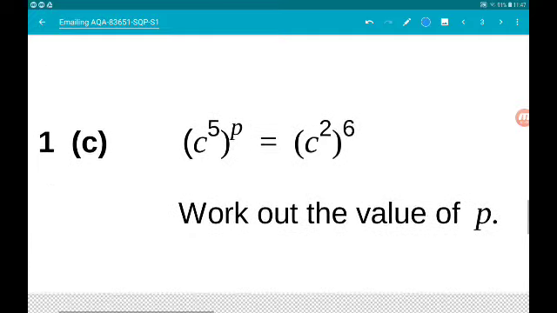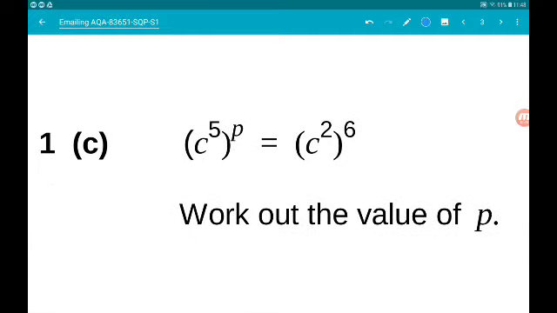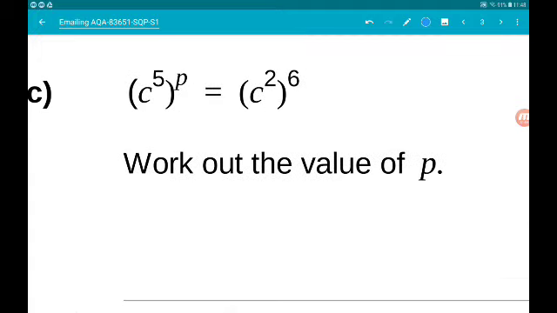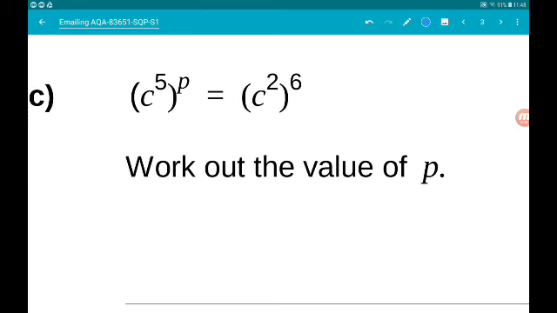Okay, 1c. c to the 5 to the power p is c squared to the power of 6. Work out the value of p. So, when powers are separated by brackets, we multiply them together. So we've got c to the 5p is c to the 12.